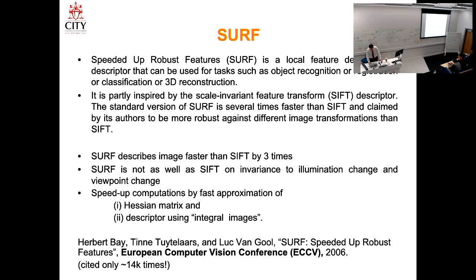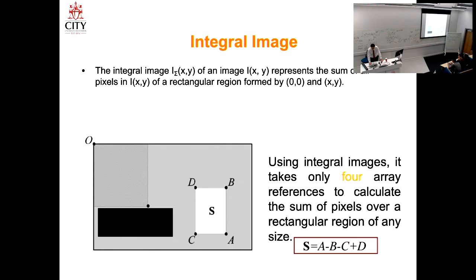We will talk about that. So SURF is also an important paper. It has about 14,000 citations. And the way it works is it uses some genius ideas and makes SIFT much, much faster. One genius idea is integral images. Let's see how they can use that.